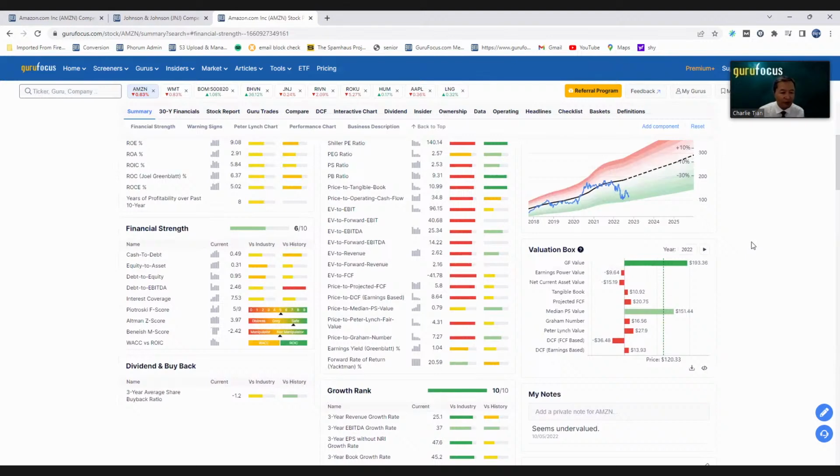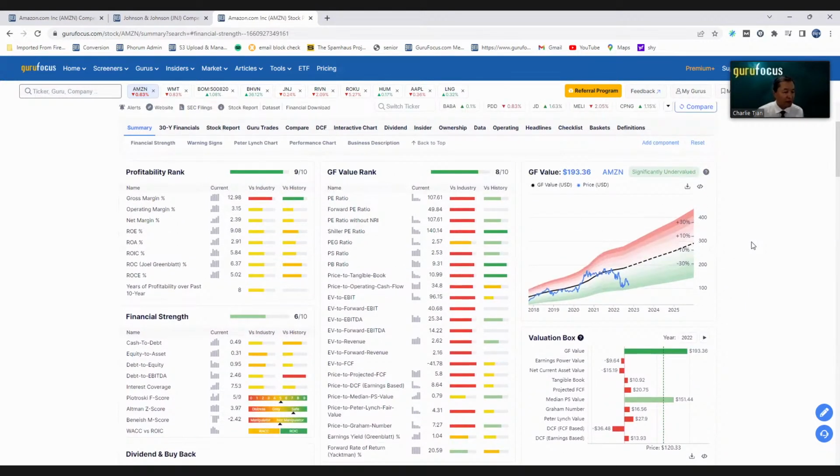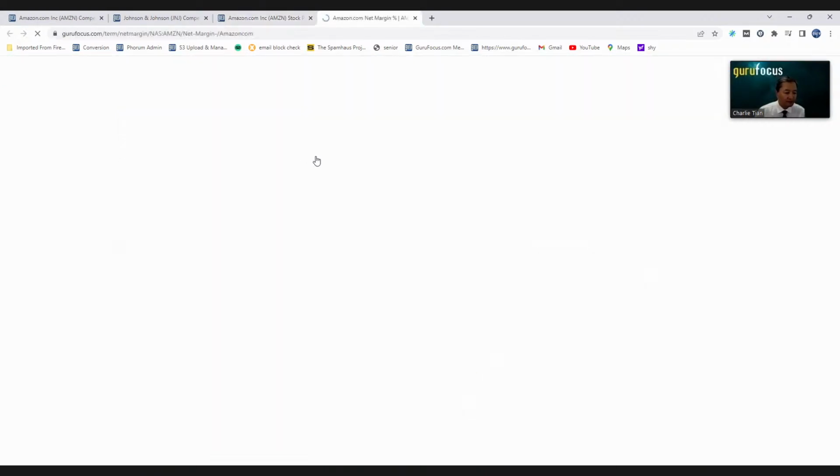But historically, Amazon always had a very low profit margin, and they intentionally keep the profit margin low so they don't have to pay tax. You can see even today, Amazon has a net margin of only 2.39.